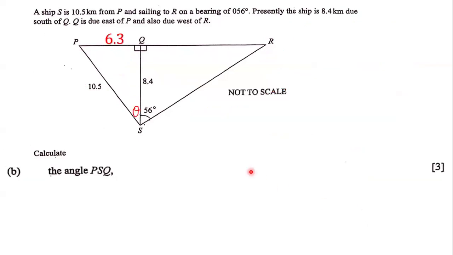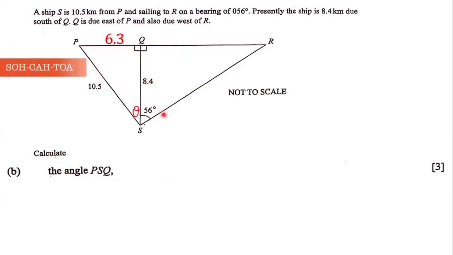Let's move on to the next one. Here, they want us to calculate the angle PSQ, and what we really want to zero in on is angle S. So we have PSQ, and notice here I have theta labeled. That's the angle that we want to find. We have all three sides of the right angle triangle, and so that's good.